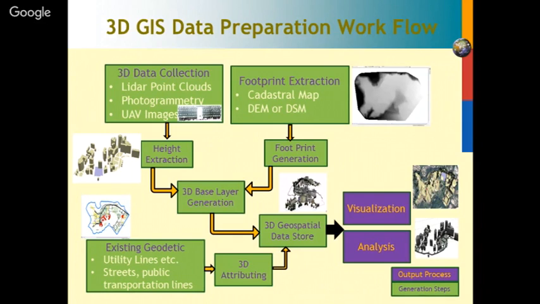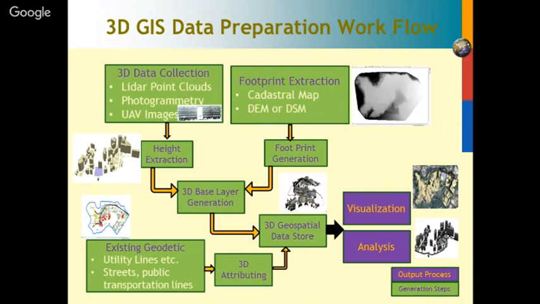Once the base layer gets generated, it can also be integrated with existing layout plans of other areas, and combining them together, we can carry out a simple visualization of the area, or we can also carry out the analysis which we have worked out, like solar potential and other things. So this just shows the steps in a nutshell.